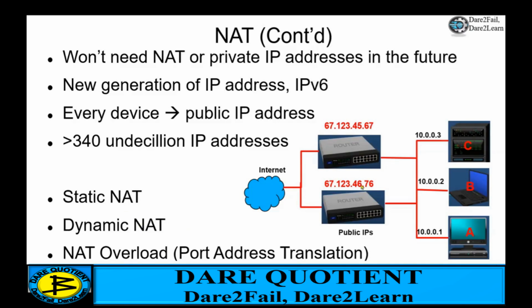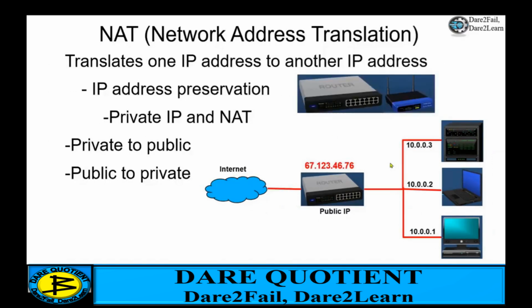Now the NAT overload is a many-to-one mapping, like in the previous slide. We have many devices with private IP addresses mapping onto a single public address. That is considered overload.